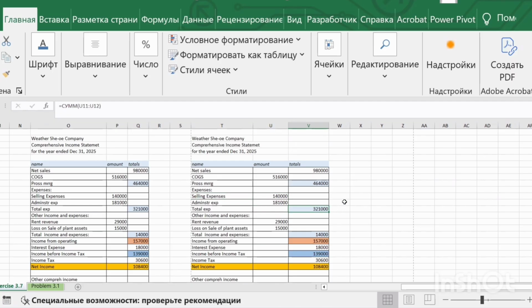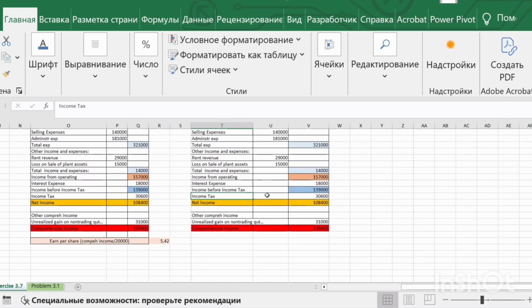The total expenses 321. Also, we have other income and expenses, rent revenue, loss on sale. The sum of rent revenue and loss is 14,000. Income from operations, yes, it is included. Interest expense, income tax. We just need to state it like this. Income statement, net income.